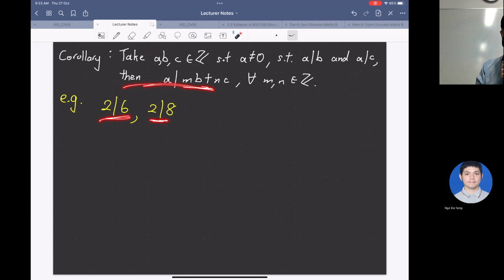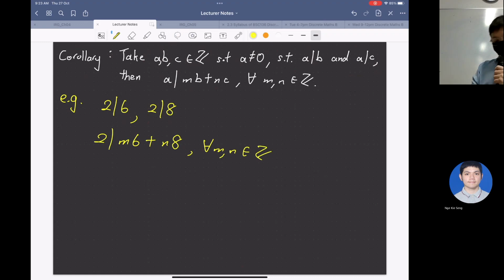So the claim here is 2 will divide m times 6 plus n times 8, for all m and n. For example, you can take m equals minus 1 times 6 plus, for example, 1 times 8, which is minus 6 plus 8, which is 2. 2 divides 2, which is true, right?